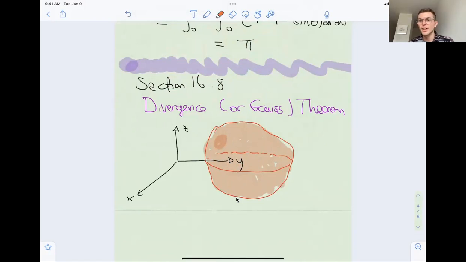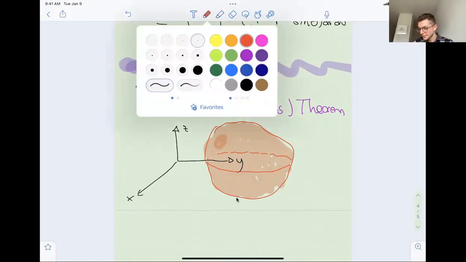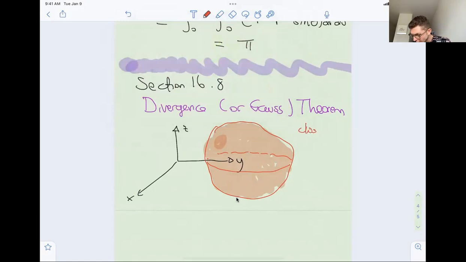So here now we have a closed surface again.